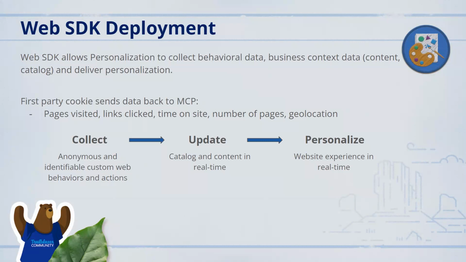So you're able to track pages visited, links clicked, time on site, number of pages, geolocation, and much more of those metrics. The beacon along with the sitemap also allows you to collect custom data that you want to capture, and send decisions and recommendations back to the website for that user to have a personalized experience in real time.